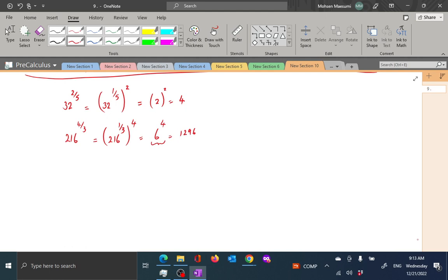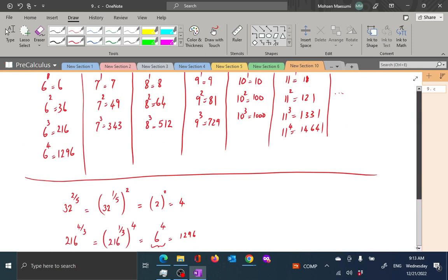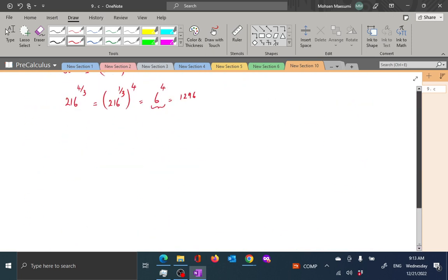Okay, so what was the issue? We are getting ready to understand various ways of looking at this equation, a to the power of b equal to c. So if we want to rewrite that, if I have a to the power of b is equal to c, one way of writing this is to say c to the power of 1 over b is equal to a.